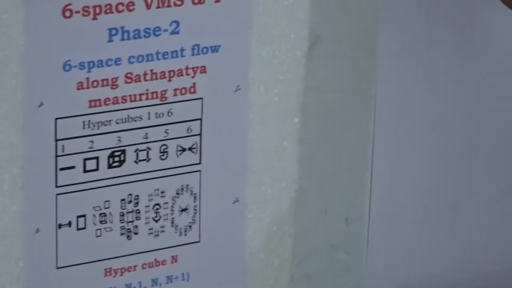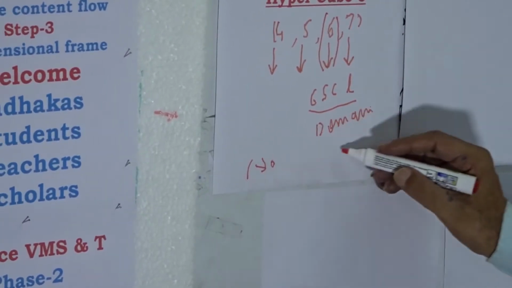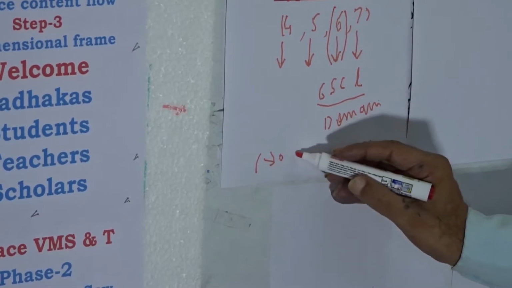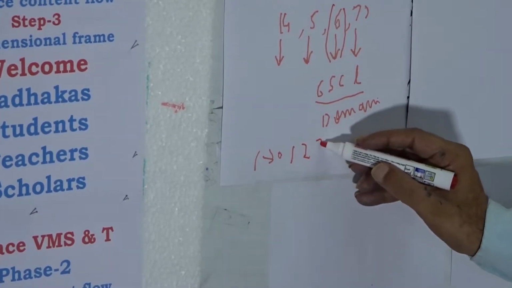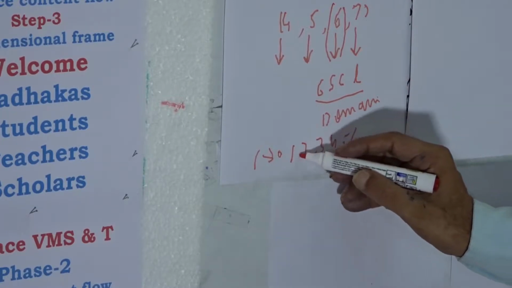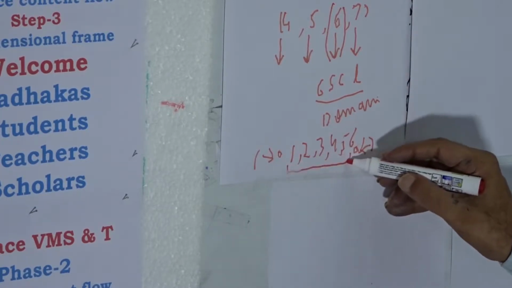This 6-space content is having a flow, and this flow is along a Sthapatya miring rod, as within 6-space domain there is a simultaneous manifestation of 1, 2, 3, 4, 5 and 6. The whole range of spaces manifest.